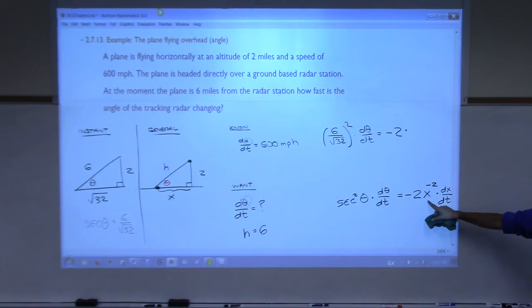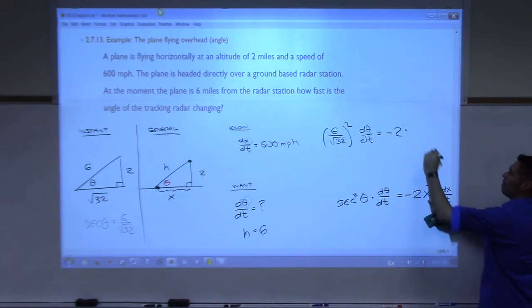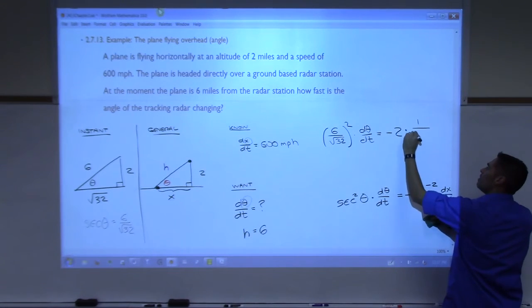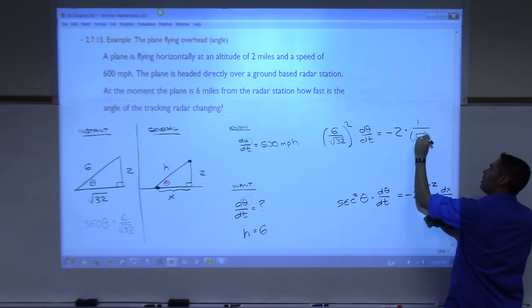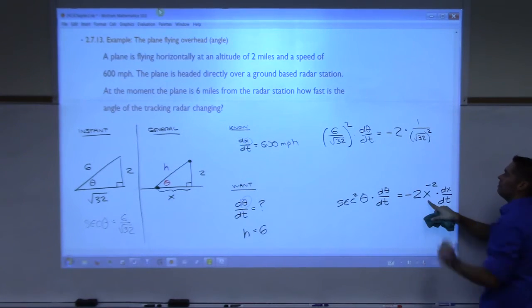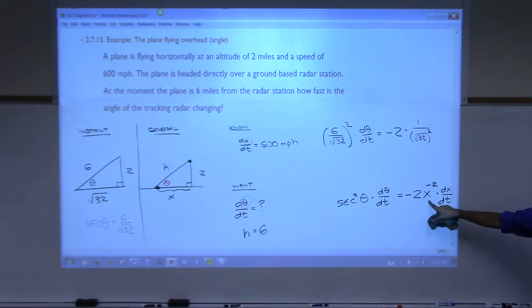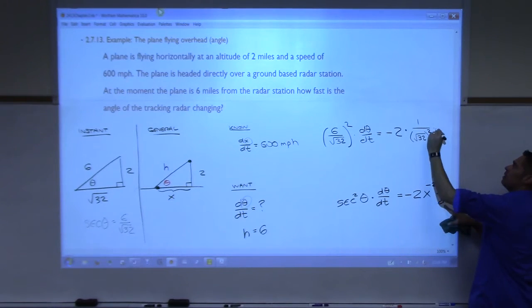What does x to the negative 2 really mean? 1 over x squared, right? So I'm going to write it that way. That's 1 over, what was x? Root 32 squared. Do y'all see that? Then times 600.